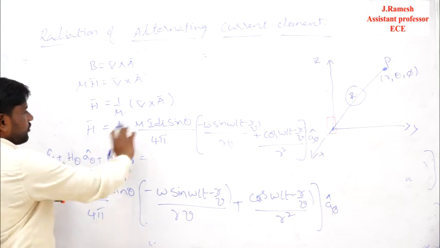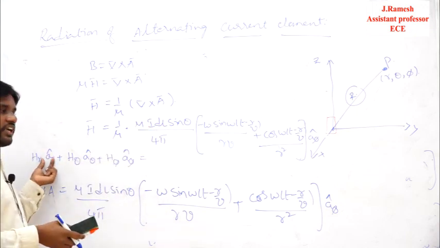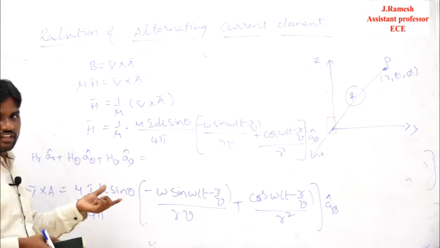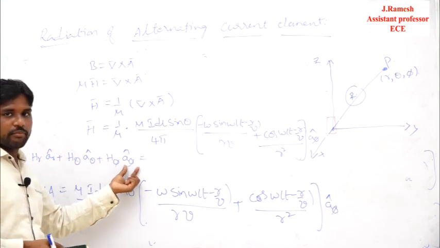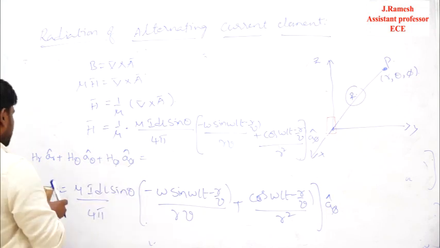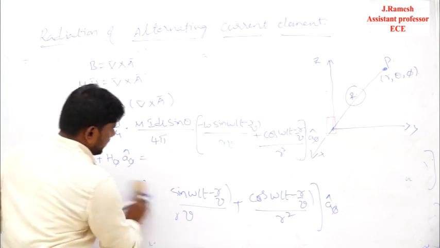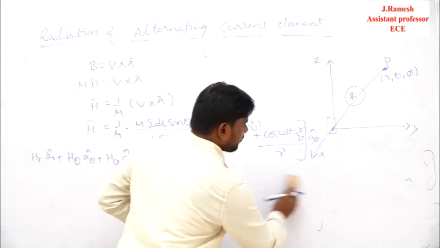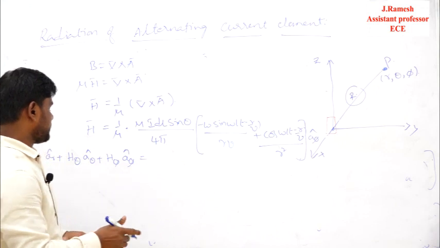So if you just equate both, you observe there is no a r component, there is no a theta component, we have only the a phi component. That means from this I got only one component of the magnetic field, that is our H phi.